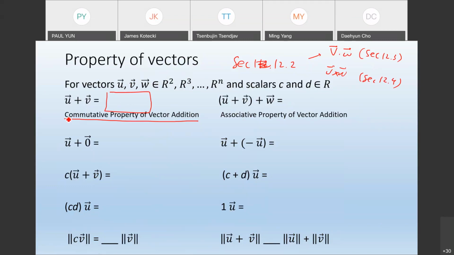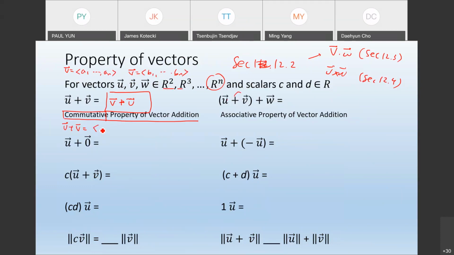What do you mean by commutative properties? Yeah, Aline, you're right. I mean, think about it in general, right? Not only R2. Suppose that U is A sub 1 through A sub n, and V is B sub 1 through B sub n.